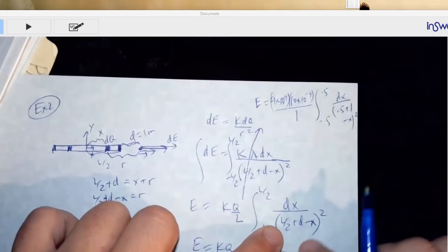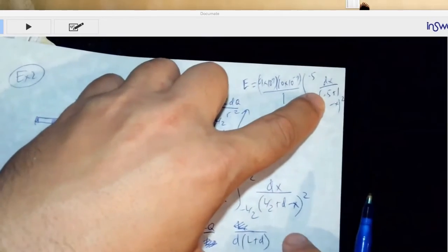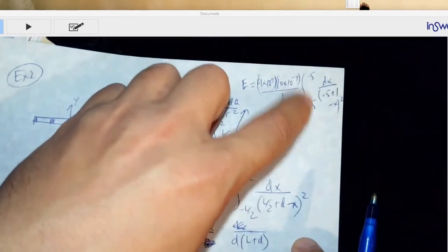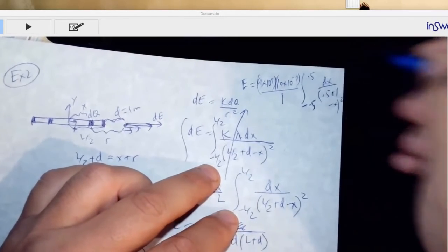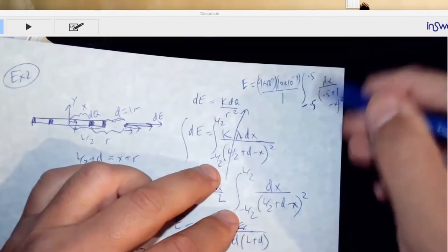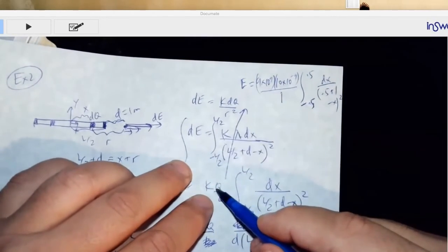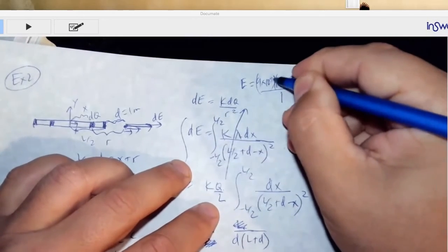So it's the same idea, except this directly gets the numerical answer. Whatever the integral gives me, I'm going to multiply by k times Q over L.